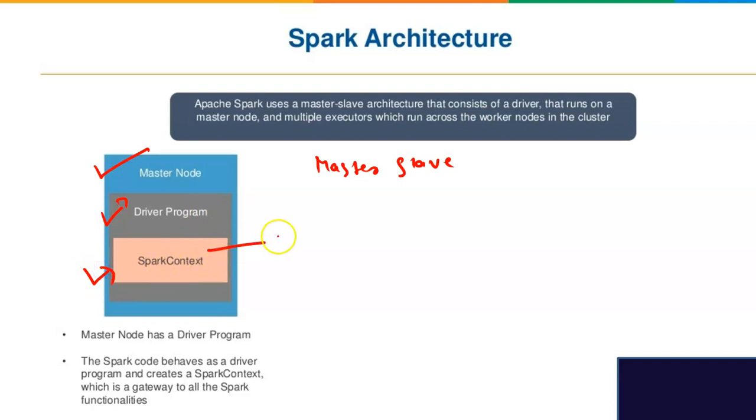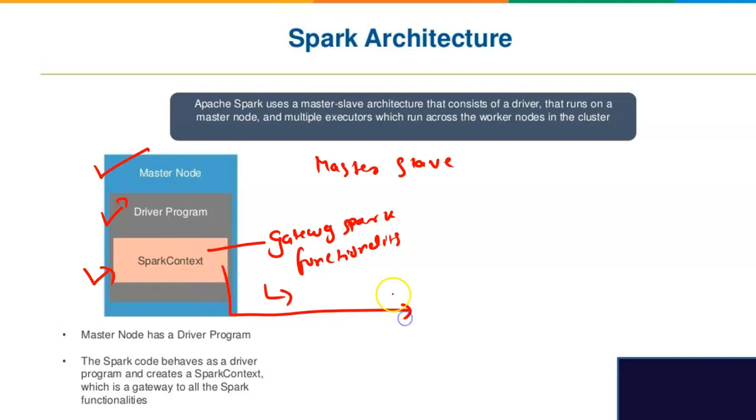Spark context is a gateway for all the Spark functionalities. If I want to tweak broadcasting, parallelization, or bucketing, whatever the features of Spark are, they can be utilized using Spark context.